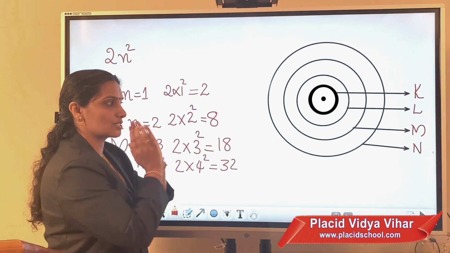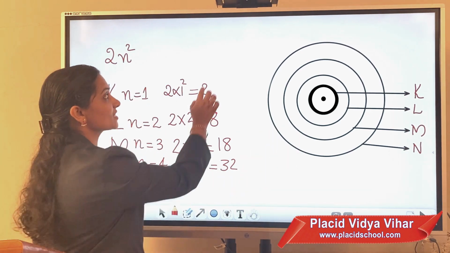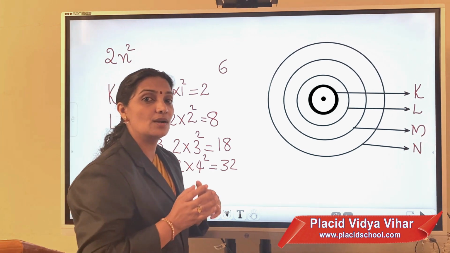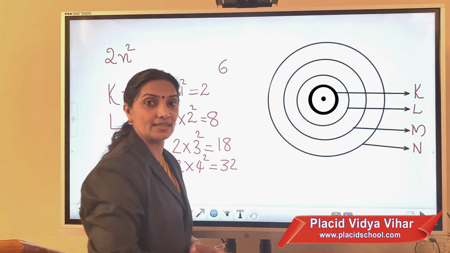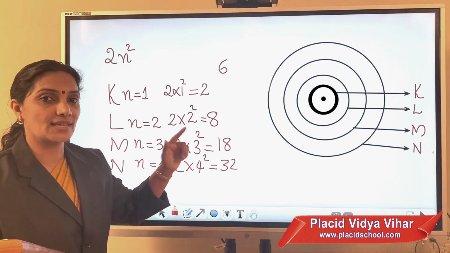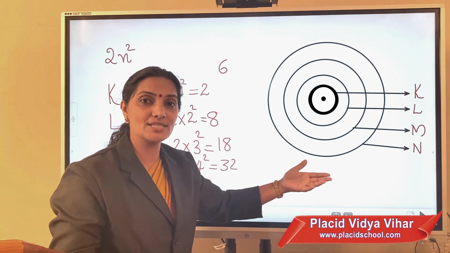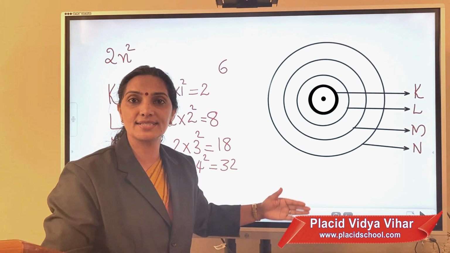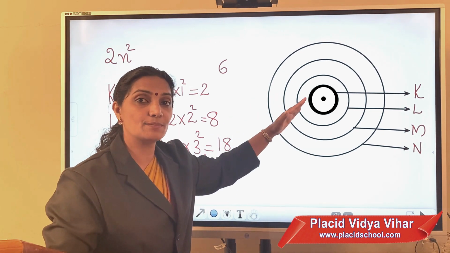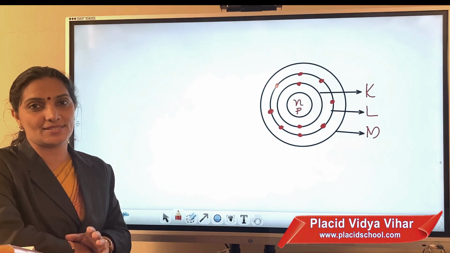So electrons always give priority to the K shell. If an atom has 6 electrons, the first 2 electrons will always move to the K shell. Then the remaining 4 electrons will move to the second shell, that is the L shell. If there are more and more electrons, they will move to the next higher energy levels. This is called the step-by-step arrangement of electrons.